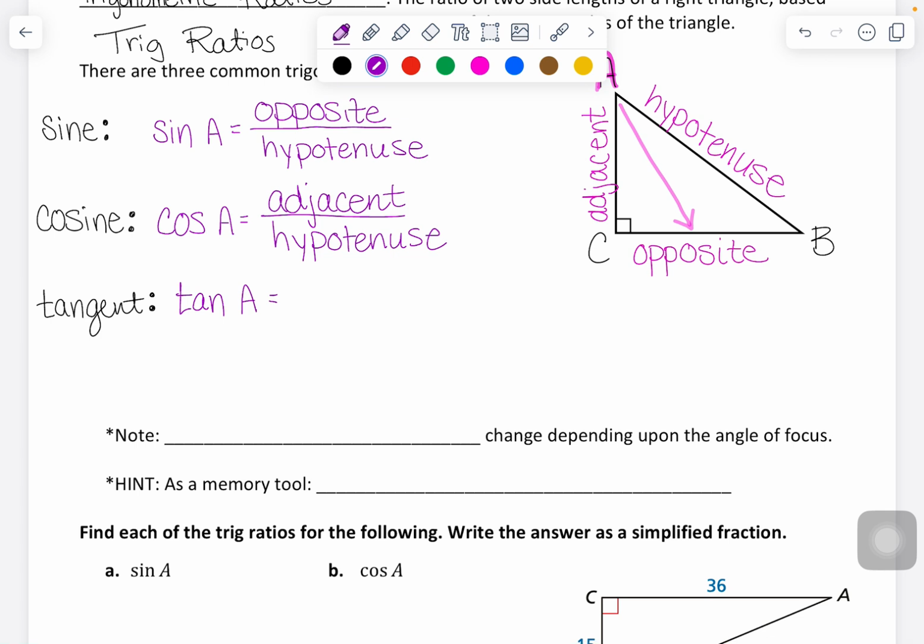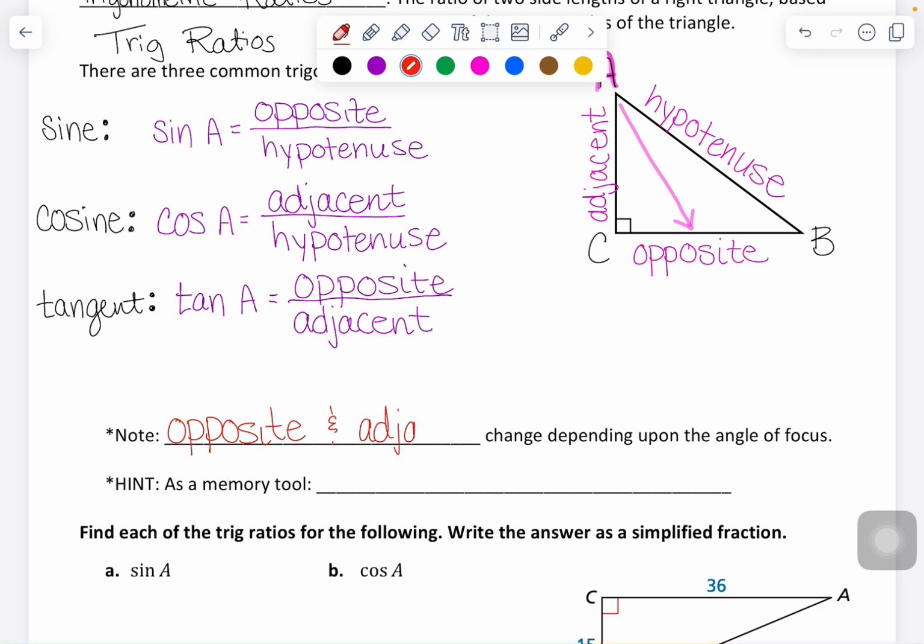And tangent is the opposite side divided by the adjacent side. Now, you have to be careful when you're working with trig, because especially the opposite and the adjacent will change where they are located depending upon which of the angles you're focusing in on.